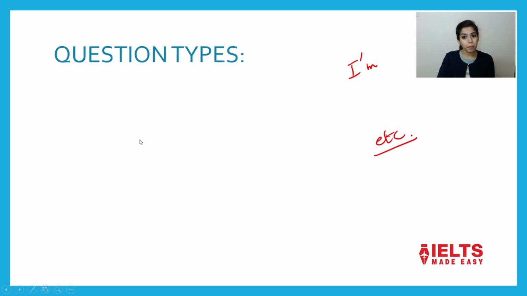And now I'll be explaining you question types. So in essay writing we have 5 question types, and the first one is opinion essay. When the examiner is asking your opinion, do you agree or disagree? Or, that means either of two. What do you think about it? This is your wish. You can totally agree, totally disagree, or even partial.